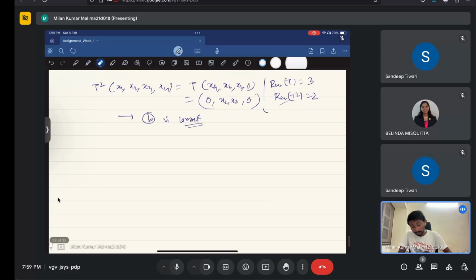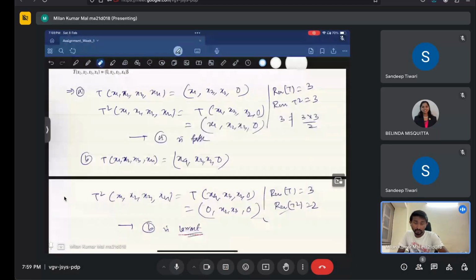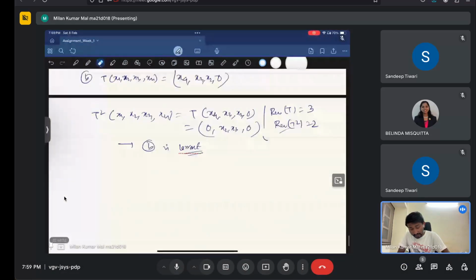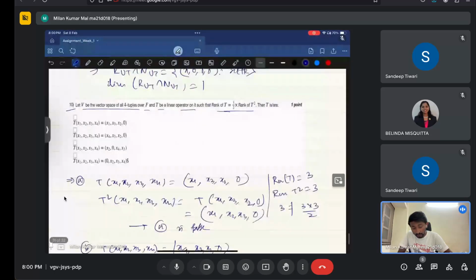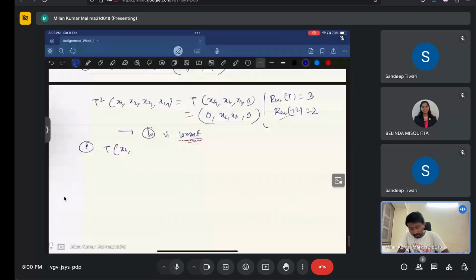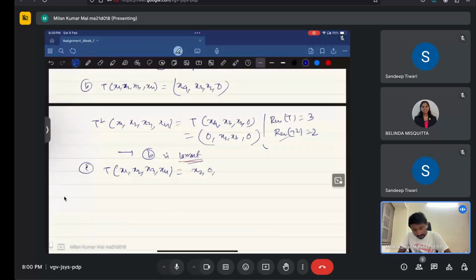Let's similarly check one more, because we have time here. I think 3-4 minutes I can go ahead. So it's option C. Option C says rank T equals 3 by 2 rank of T square. So T(x1, x2, x3, x4) will be (x2, 0, x4, x3), right?